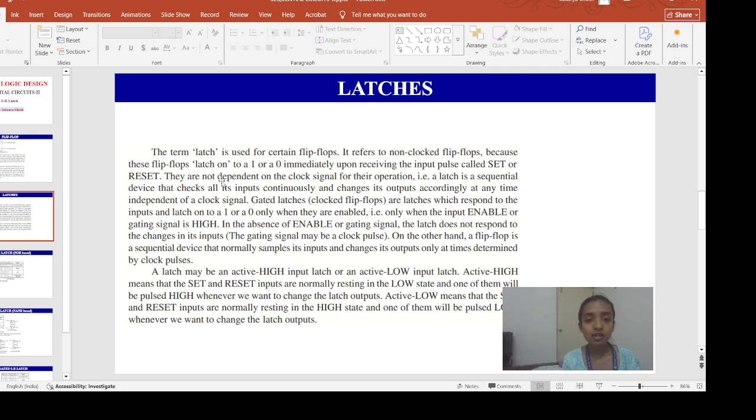These latches are not dependent on the clock signal for their operation. That is, a latch is a sequential device that checks all its inputs continuously and changes its output accordingly at any time, independent of a clock signal. So the latch doesn't require a clock signal to operate.